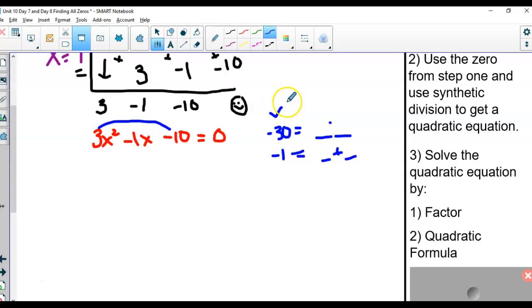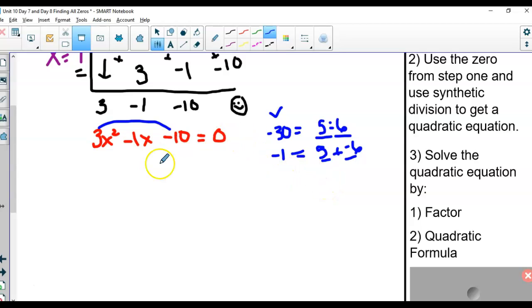So 1 and 30, 2 and 15, 3 and 10, or 5 and 6. I need to work for both of these, and 5 and 6 are going to be the right one. One of them has to be negative because it's got to multiply to get a negative, and I'm going to make it negative 6. And the reason I'm going to make it negative 6 is because 5 plus a negative 6 gives me negative 1.